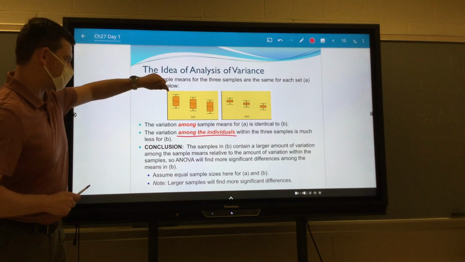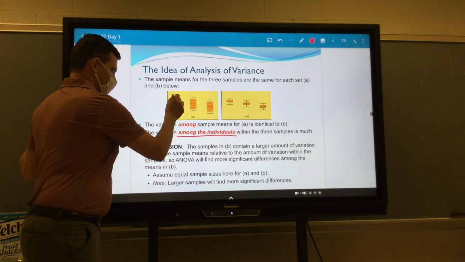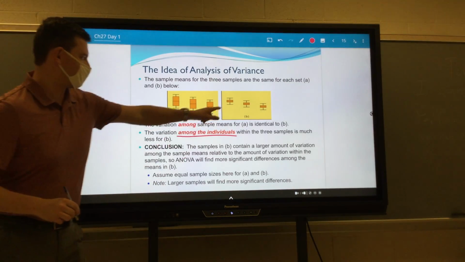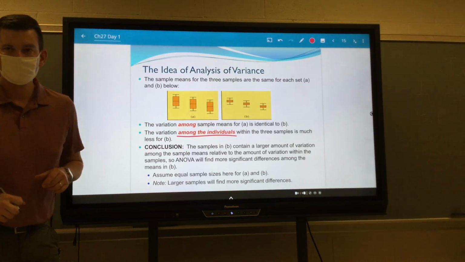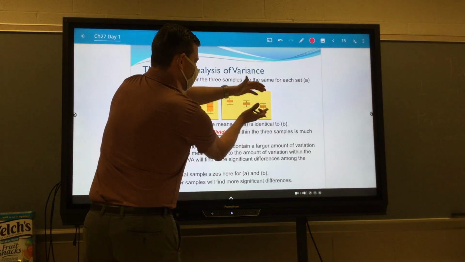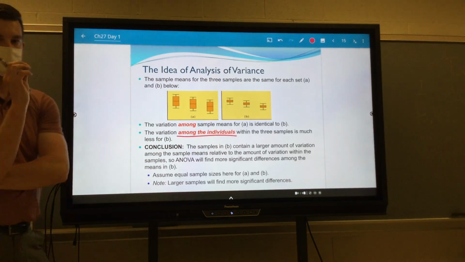And we've got 25% in here, in here, in here, in here. Same thing going on in B, but the difference is in B, everything is right around that mean value.